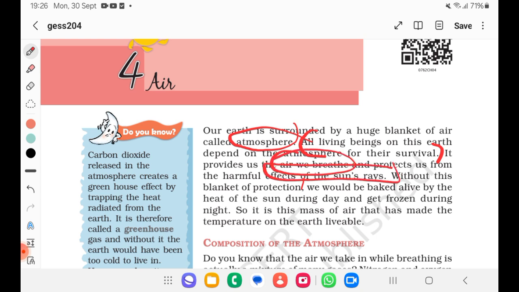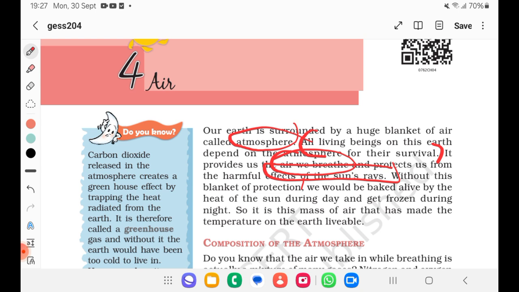How is it protecting? Without this blanket of protection, we would be baked alive by the heat of the sun during the day and get frozen during the night. So it is this mass of air that has made the temperature on the earth livable.